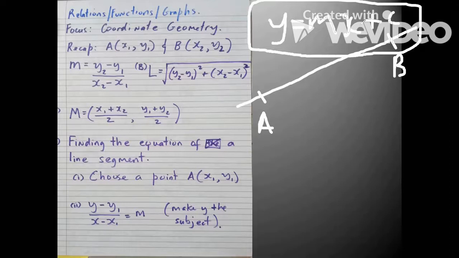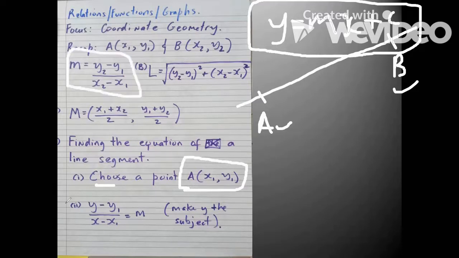All right. So what we do is that we choose a point. So we have 2 points, A and B. What we do? Choose 1 point. Now, in this example here, I chose A. Now, after you choose a point A, we're going to use the gradient formula. It's actually the gradient formula you use to find the equation. So we're going to say y subtract, just like the y2 subtract y1, so it's y subtract the y value.